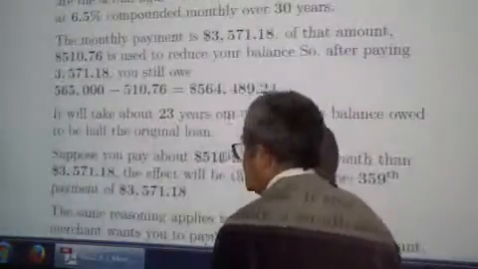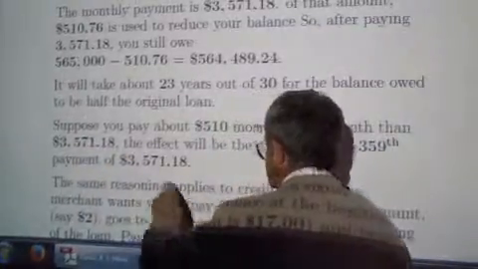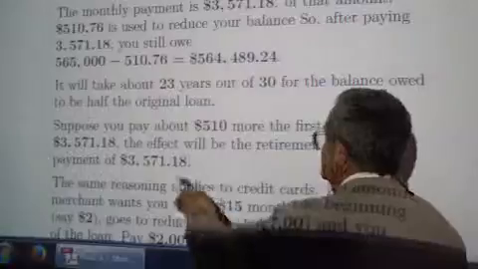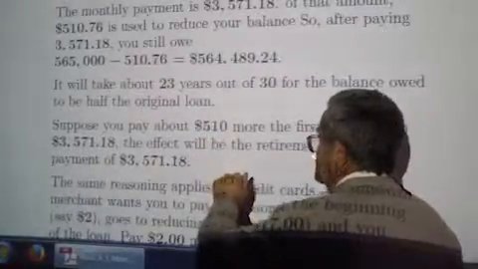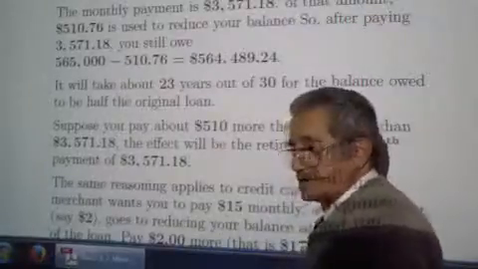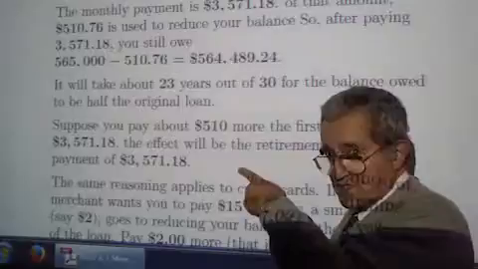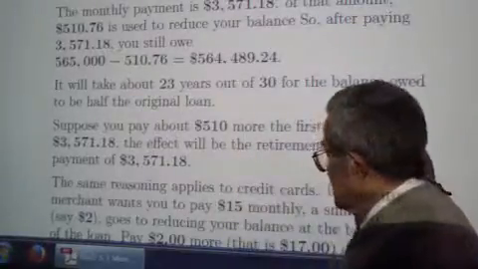Now, if instead of giving the bank $3,500, you give the bank $4,000, this extra $500 will be like canceling the last months, the 359th month, the 360th month is already paid for.